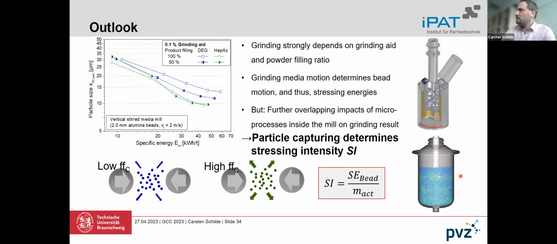And if we are talking about dry grinding, we then have to think about the probability of particles captured in between particles, since we are then not talking about single particles anymore, we are talking about bulk material, which will be captured. And this bulk material captured between the grinding beads depends strongly on the flowability of the powder.